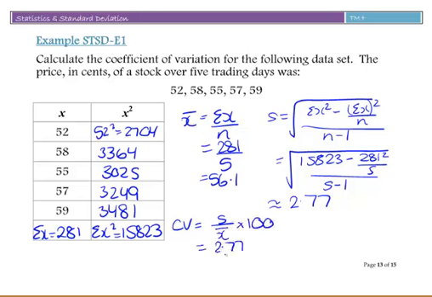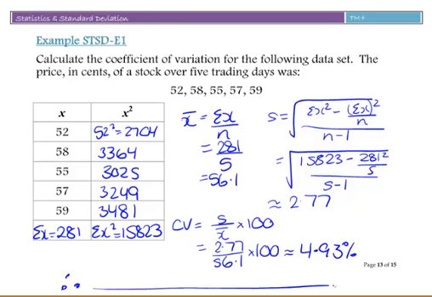So that's 2.77 over 56.1 times by 100, which is approximately 4.93%. And you would finish with a therefore. Okay, it's written in your textbook, but it says coefficient of variation of the stock prices is 4.93%. So therefore, you can say that the prices haven't shown a large variation over the 5 days of trading because it's quite a small percentage.